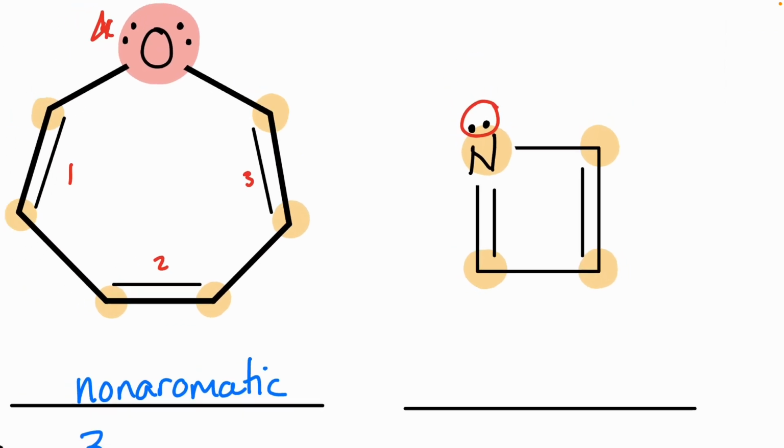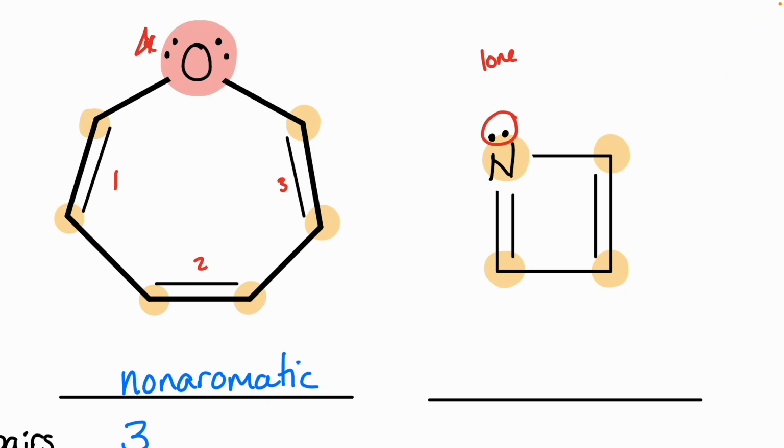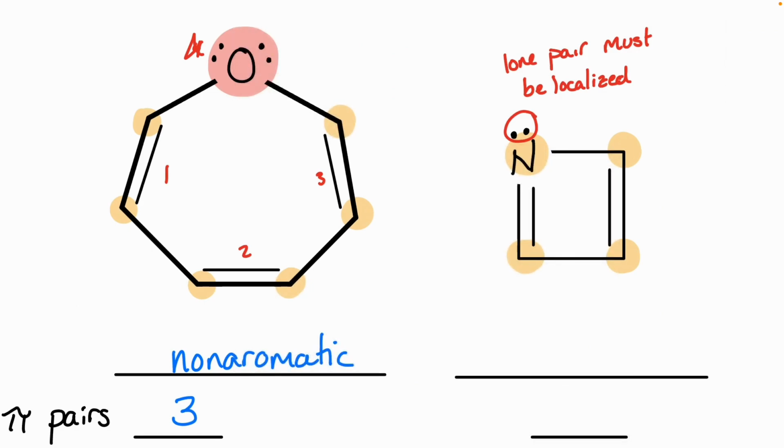So we can just note here for this one, this lone pair must be localized. All right, doesn't even have the option. So then we're just going to say we have a fully conjugated ring.